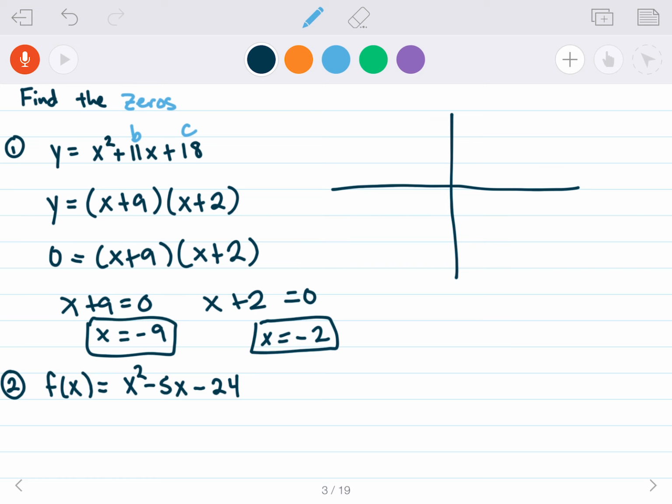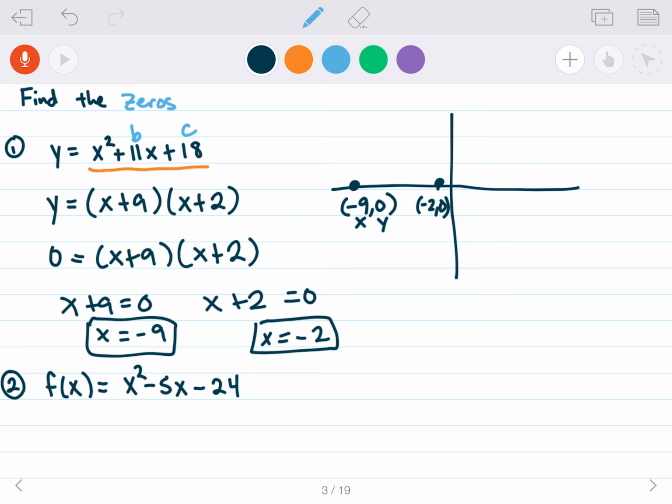If we were to look at this, we would have a point here on Desmos. This would be -9, 0, x and y. Then we would have another point at -2, 0, right here. Remember, we can also find the vertex when we're in standard form, just like we have here.